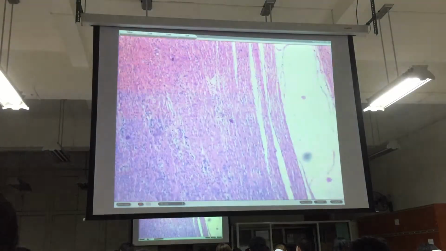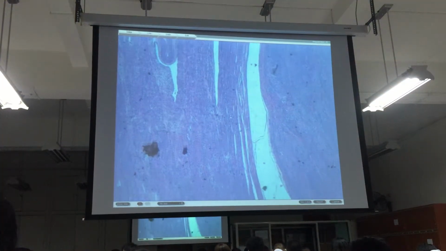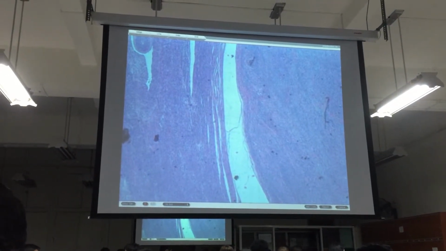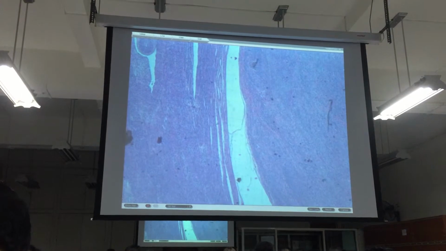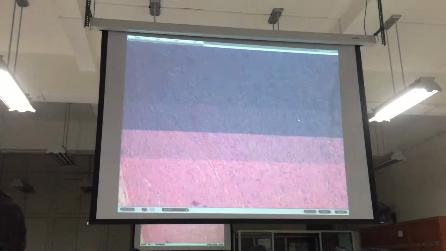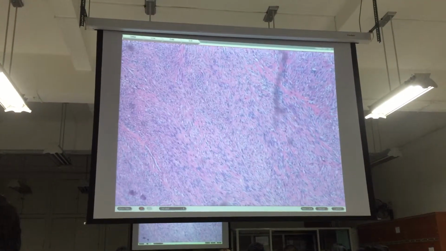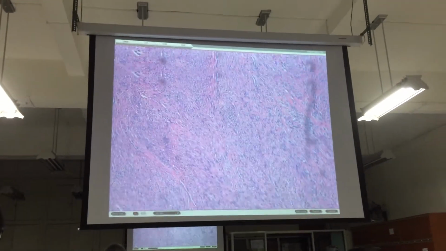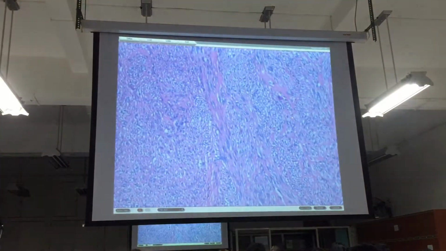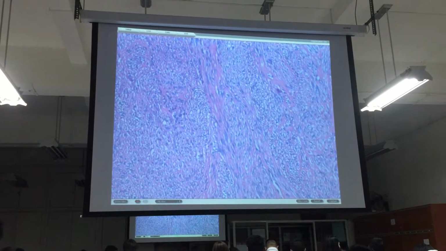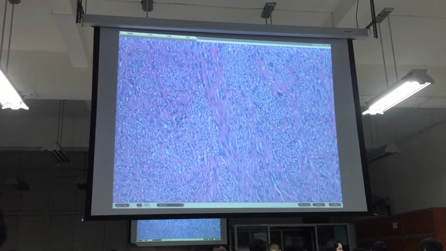So let's go back to low magnification. But look at this one. There's a space. And this one is your myometrium, but this is another tissue. What is the tissue? The same, smooth muscle. But if you look closely, the previous one shows a unidirectional pattern, one direction only.